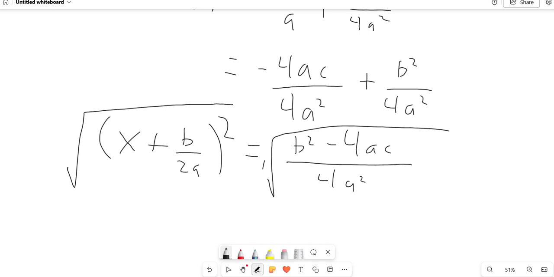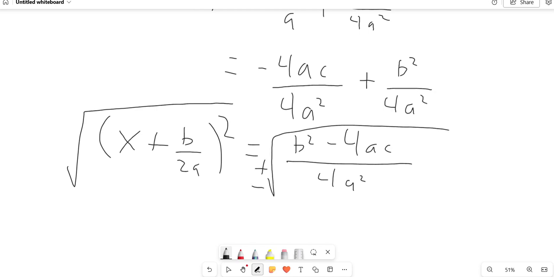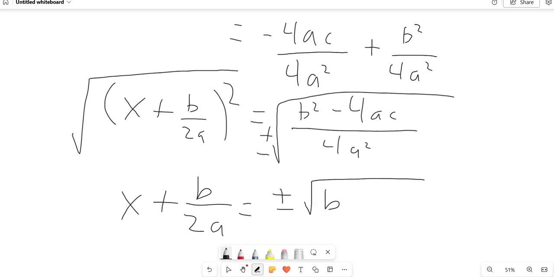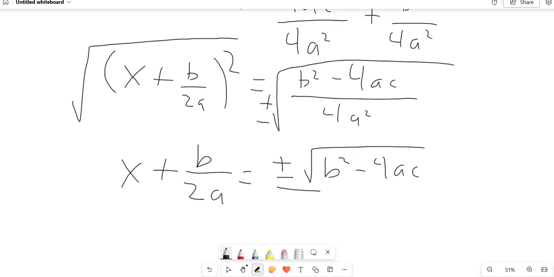Remember to do plus or minus here on the right side. So we have x plus b over 2a equals plus or minus root b squared minus 4ac, all divided by 2a.